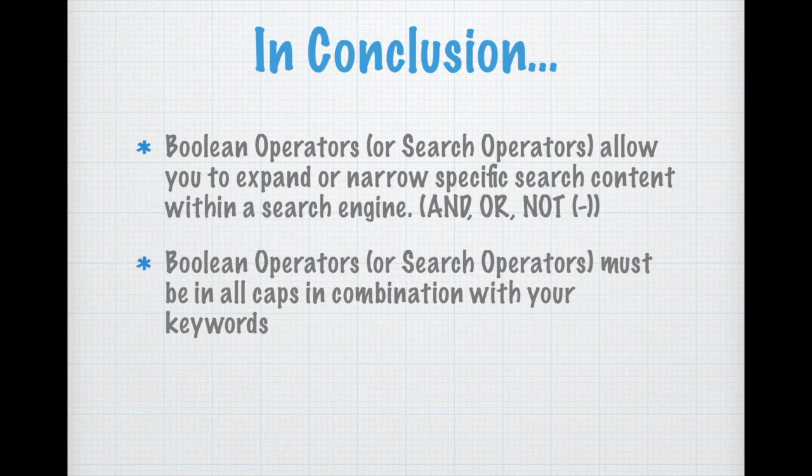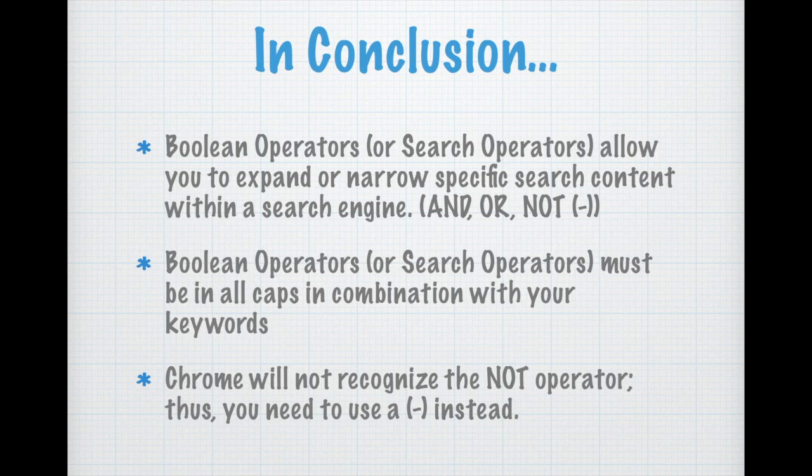Boolean operators or search operators must be in all caps in combination with those keywords. Otherwise, it will not work. And in Chrome or Google, you will not recognize the NOT operator. Thus, you need to use a negative sign instead. And that negative sign needs to be directly adjacent or right next to the word it's actually next to work.